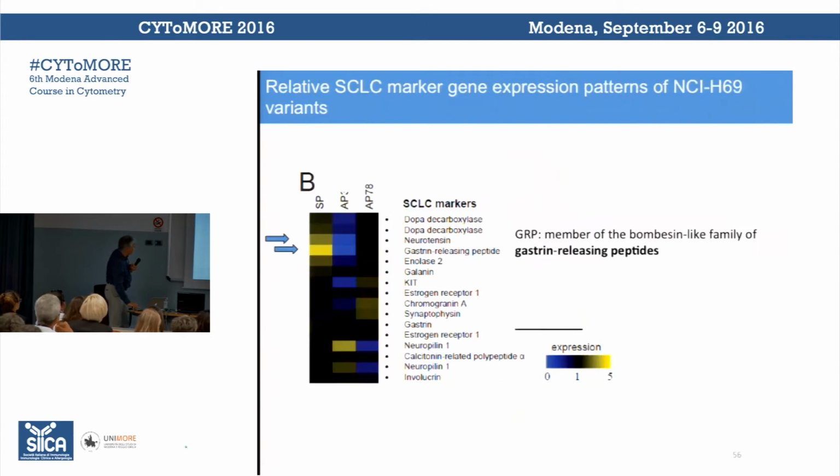In fact, to cut a long story short, it's because there's an increase in expression of gastrin-releasing peptide within the suspension form, and this is feeding in and giving a proliferative advantage to these cells that are potentially adherent, plastic, but in fact not growing as fast as they should because they've lost their gastrin-releasing peptide.